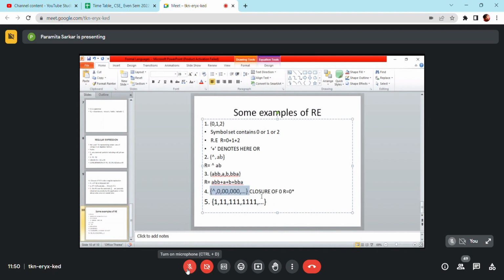In order to form closure of some symbol, we must use the null symbol. Here it looks like closure of 1, but the null symbol is absent. So here we write not asterisk, rather plus.